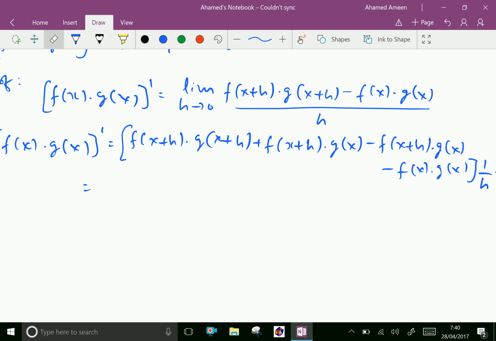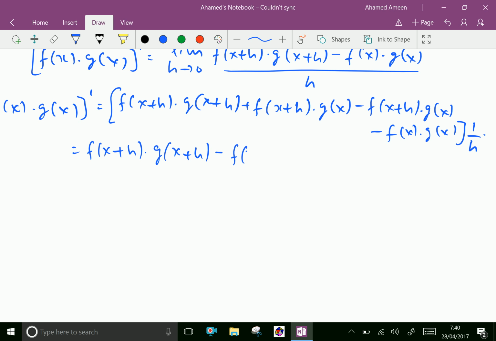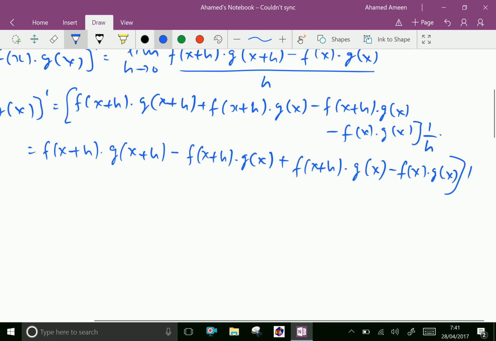Now we can rewrite it like f(x+h) times g(x+h) minus f(x+h) times g(x), then plus f(x+h) times g(x) minus f(x) times g(x), times 1 over h.